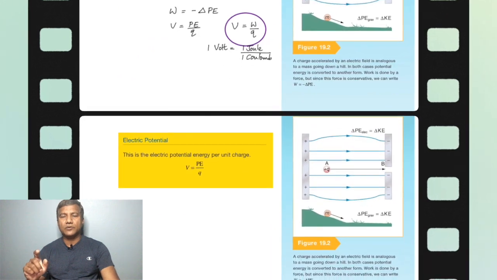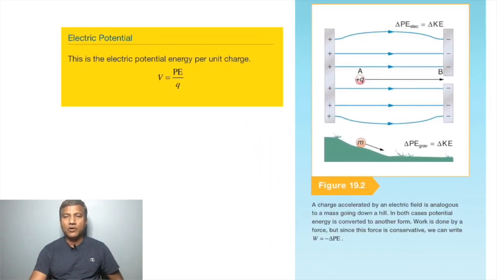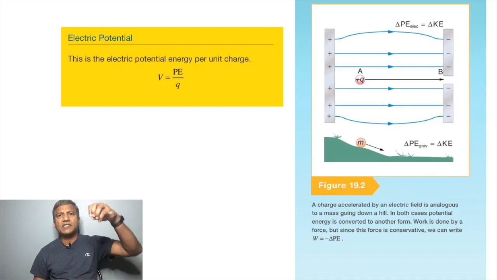We also know that if the positive charge is free, then it will by itself move from the positive plate to the negative plate. In doing so, it loses potential energy, and that means the potential energy gets converted into kinetic energy. It's just like when an object is dropped from a height.